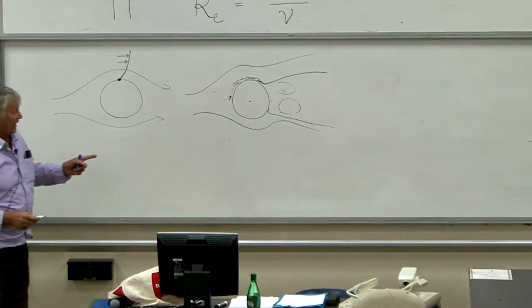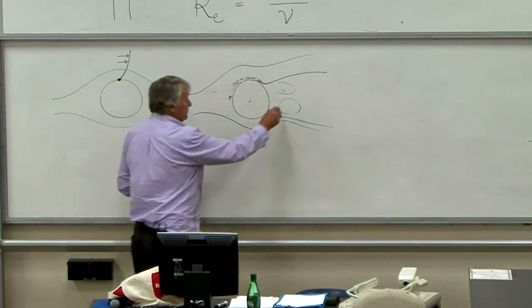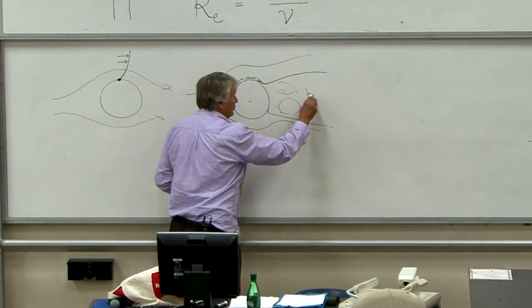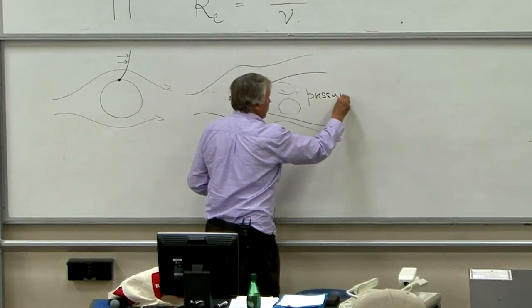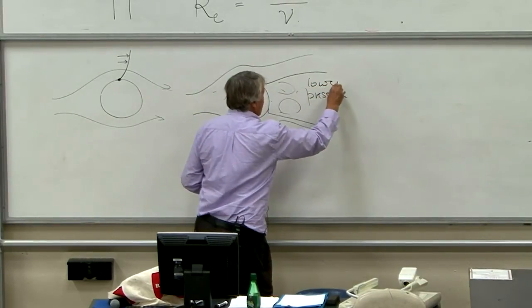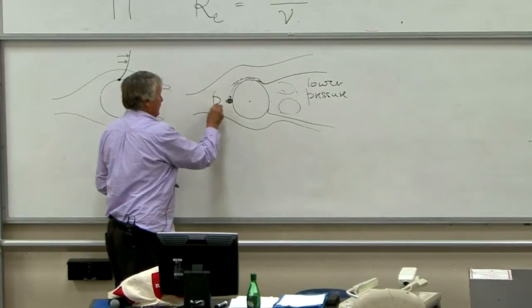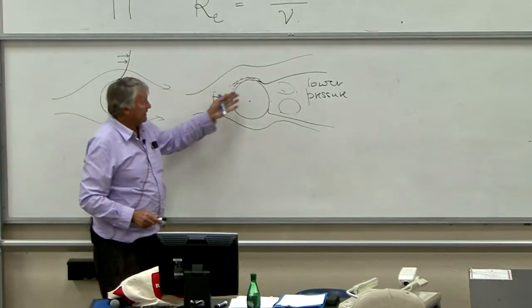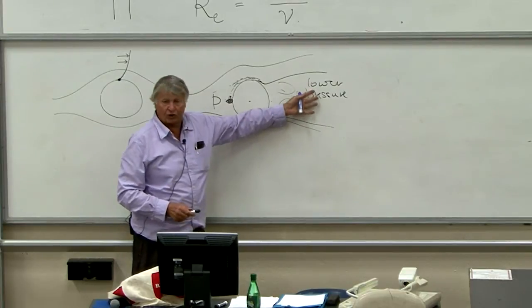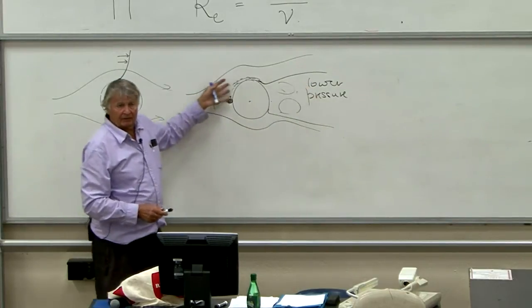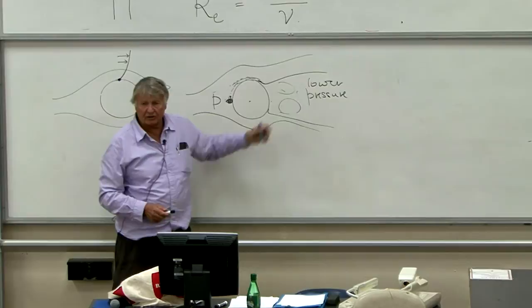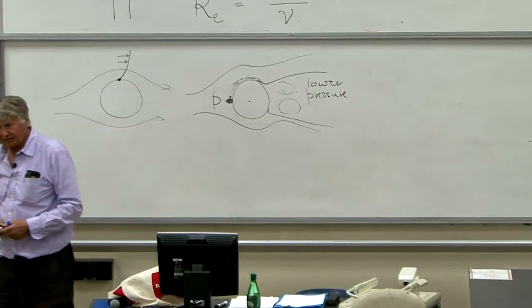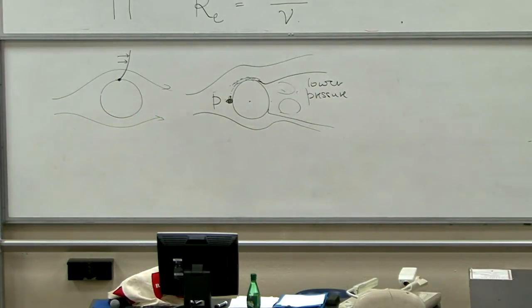So now the drag really is in this area here, you have lower pressure than in the upstream edge here. It's really the difference in the pressure. This is what's called the wake, the upstream to the downstream pressure. That pressure difference is what acts as the friction force.